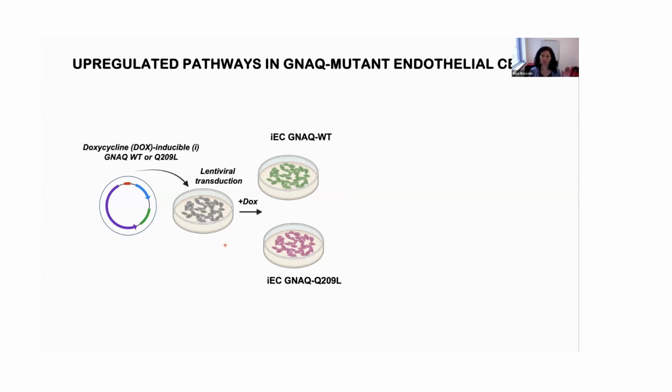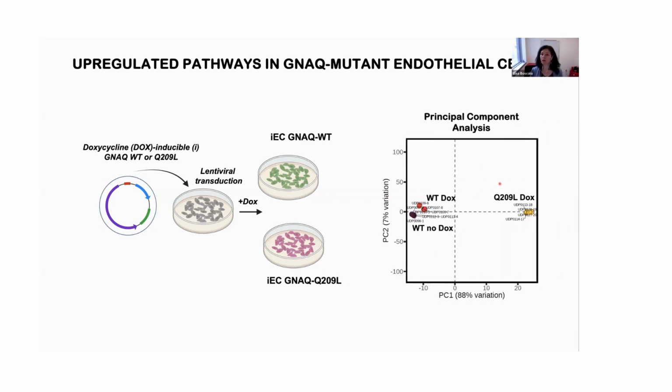So these cells prior to doxycycline administration are normal, and then when we add doxycycline to the medium of the cell culture, they can be induced to overexpress the GNAQ wild type, or Q209L. And we performed RNA sequencing.